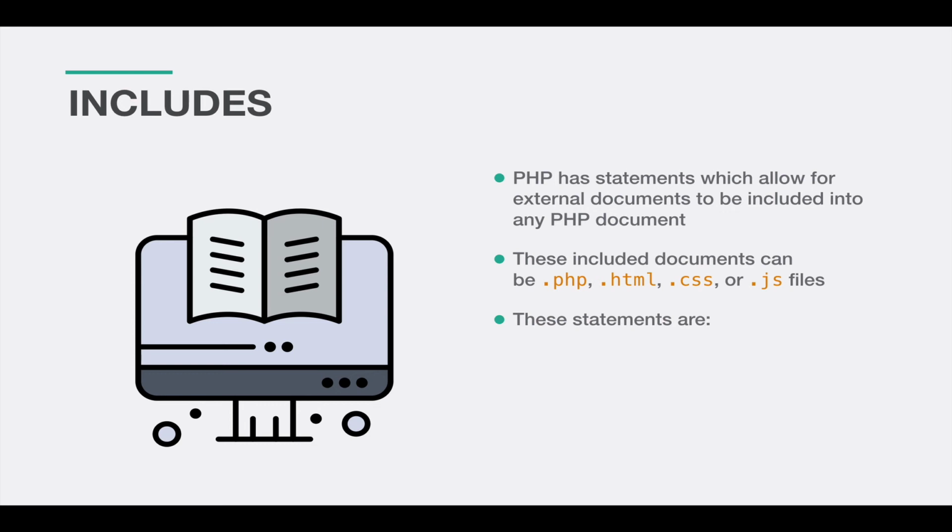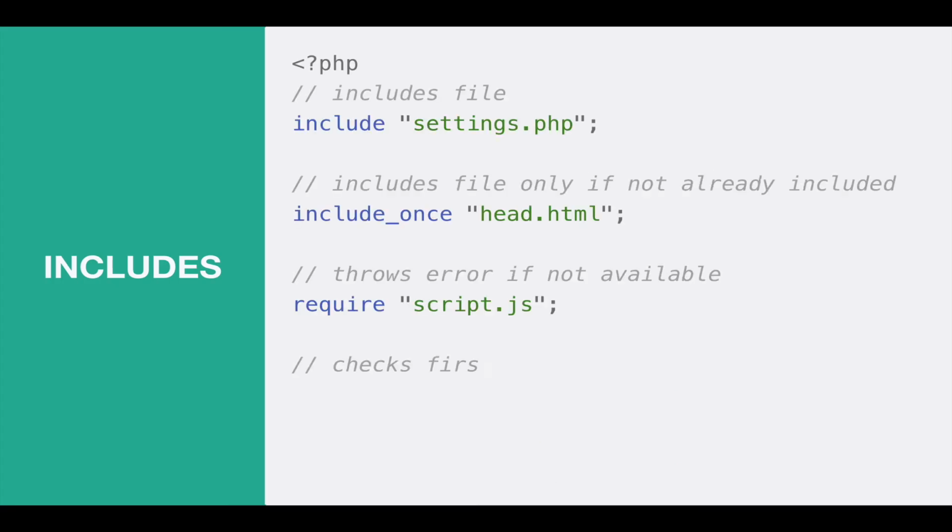Now, there are 4 statements that we can use to include: include, include_once, require, and require_once. There are slight differences between all 4, which I'll show here in a moment. Include can be used to include a file. If that file does not exist, PHP will attempt to continue going without it.